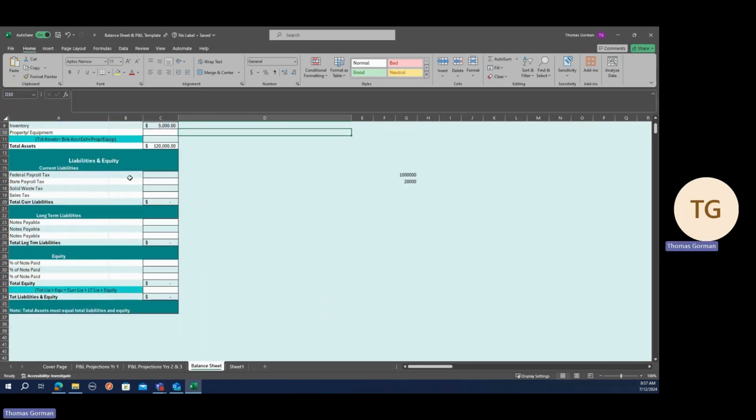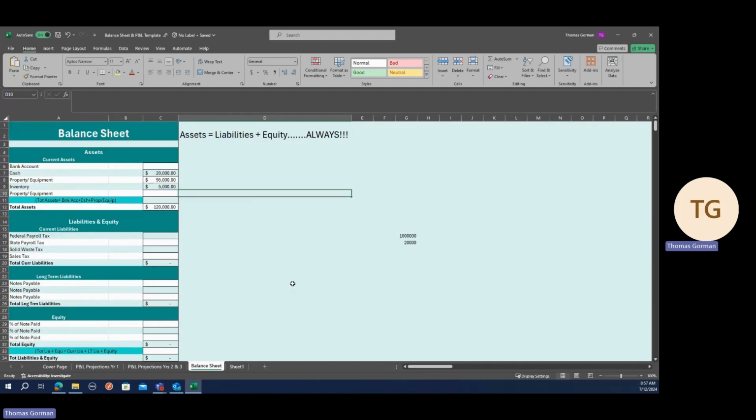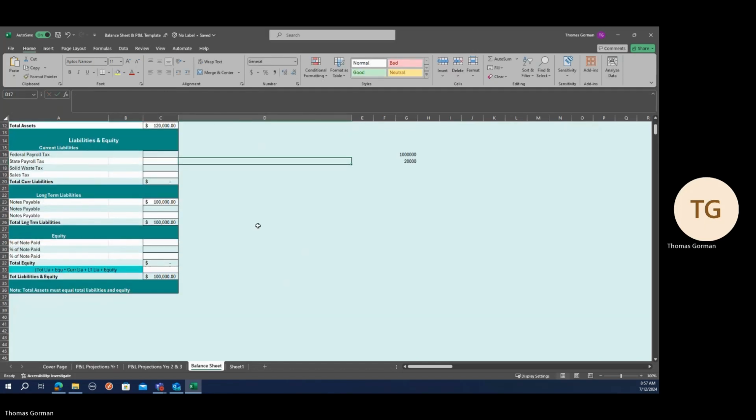We can go down to liabilities. Your long-term liabilities, remember we said we borrowed 100,000. So that 100,000 is going to go right here. And we brought in 20,000 of our own money.